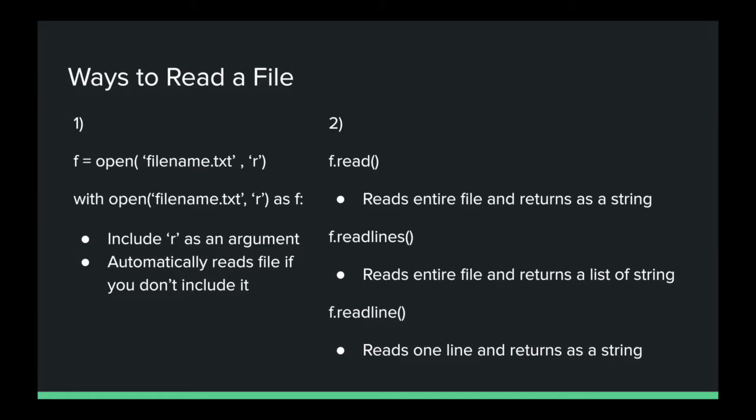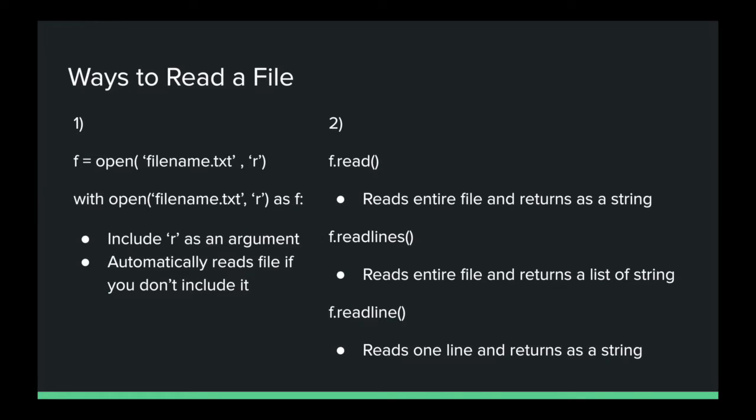The second way revolves around three commands. The first one is f.read, which reads the entire file and returns the whole thing as one string. F.readlines, with an s, still reads the entire file, but it returns a list of strings, so each line is a separate string element in one list.